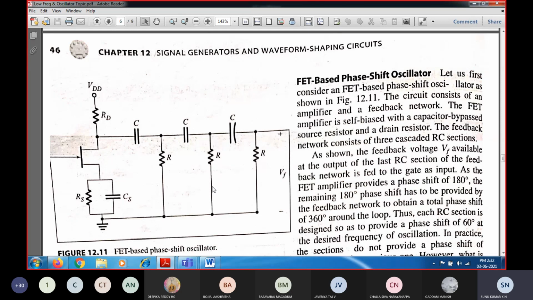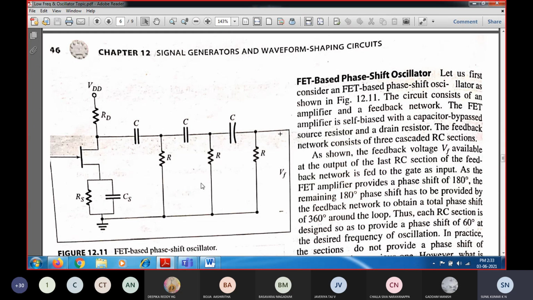The oscillation frequency will not be greater than 100 kilohertz. That means the phase shift oscillator you are going to use operates only at low frequencies, less than 100 kilohertz.